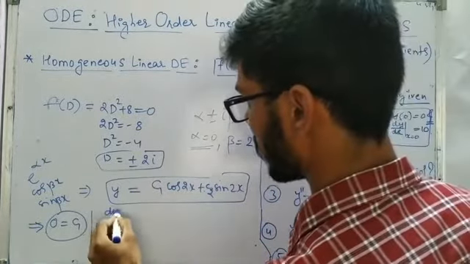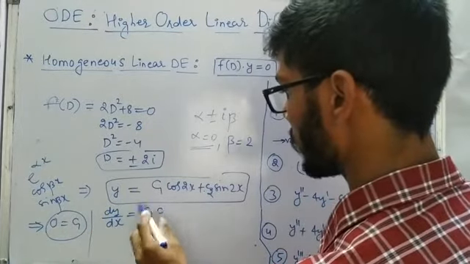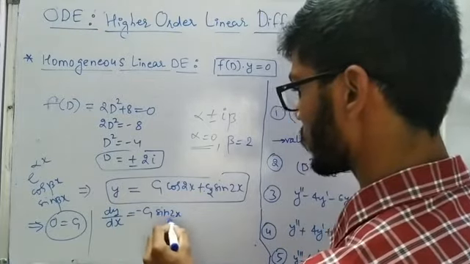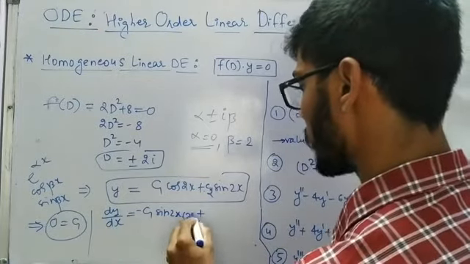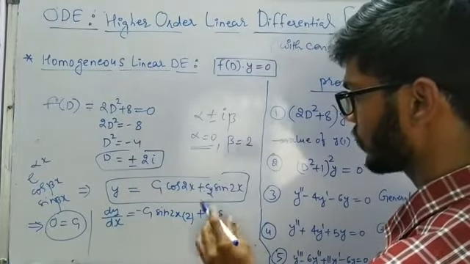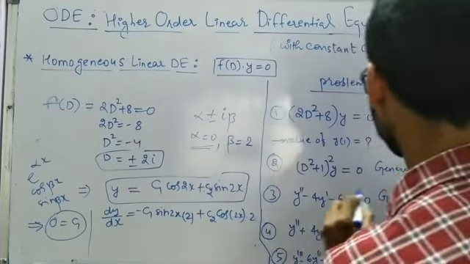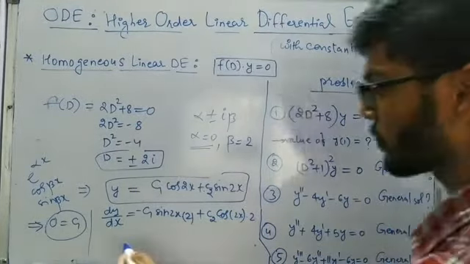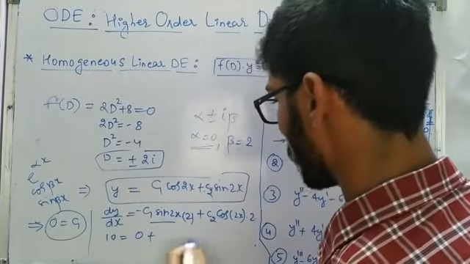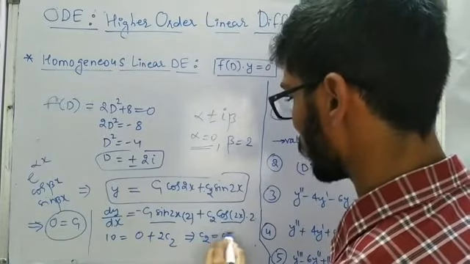So first differentiate this with respect to x, dy by dx. c1, differentiation of cos is minus sin 2x into 2, plus, and differentiation of sin is nothing but cos, c2 cos 2x into 2, and now put x equal to 0, dy by dx is equal to 10. So sin 0 is again 0 and cos 0 is 1, so 2 c2. So from here we are going to get c2 is equal to 5.